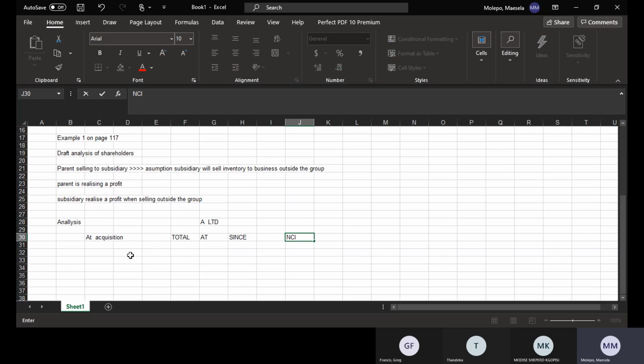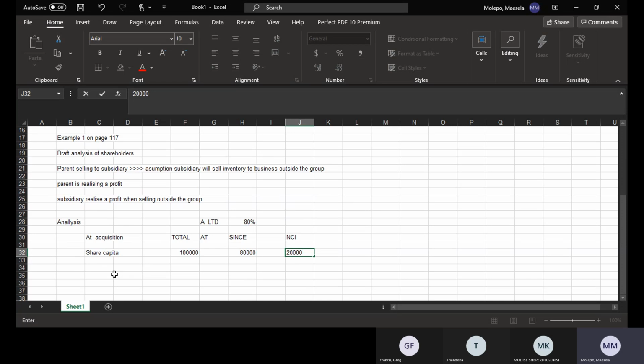Then we have the share capital. Our share capital, from the subsidiary's point of view, is 100. The percentage will be 80% because they own 80% of the interest, so it will be 80,000, and here it will be 20,000.